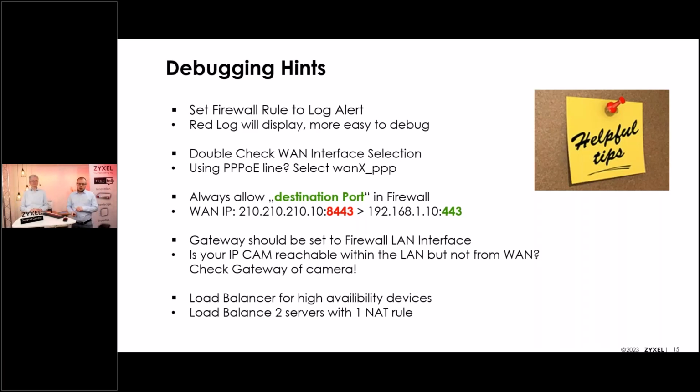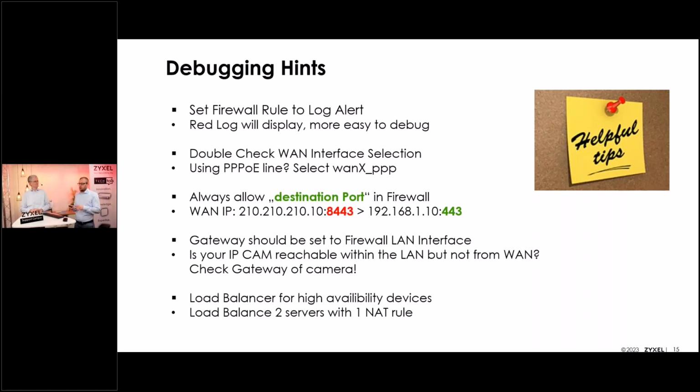Exactly. Another thing that might be very important here: let's say we have an IP camera that we want to make available publicly, or at least for a very specific set of people. I can reach it in the LAN, but I cannot reach it in the WAN. What I always do first is check the gateway of the camera.